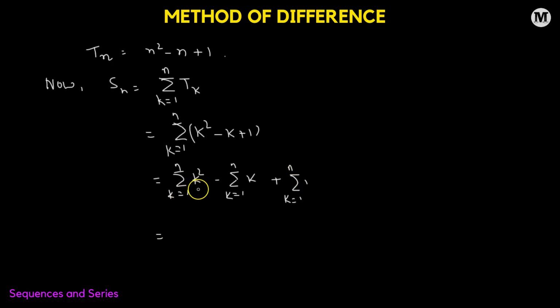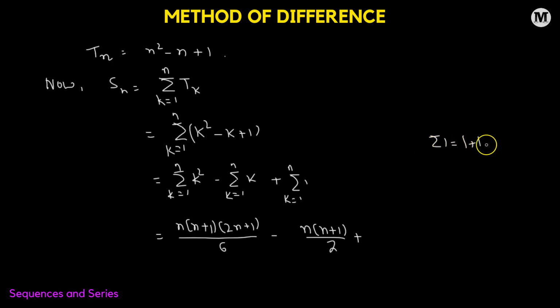Now summation of k squared is the sum of the squares of the first n natural numbers. We have a standard formula for this, given by n multiplied by n plus 1 times 2n plus 1, divided by 6, minus summation of k. This is the sum of the first n natural numbers, which is defined as n times n plus 1, whole divided by 2, added to summation of 1, which means we have 1 added to itself n number of times.